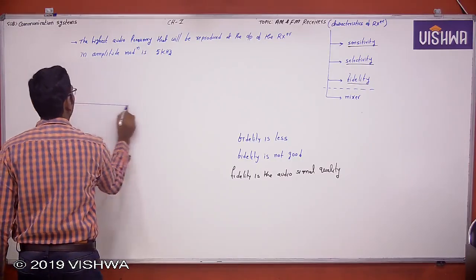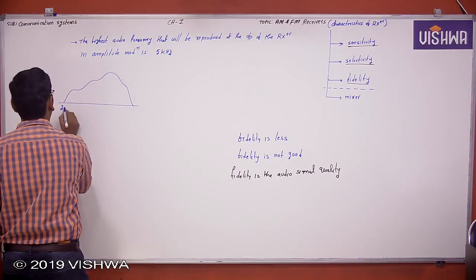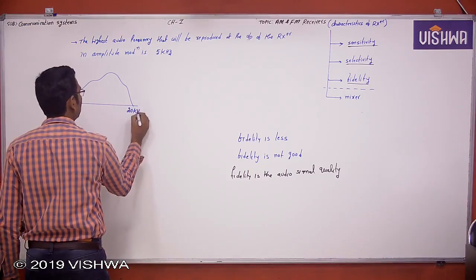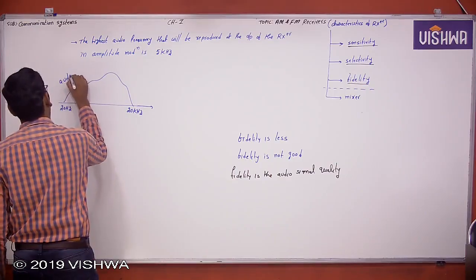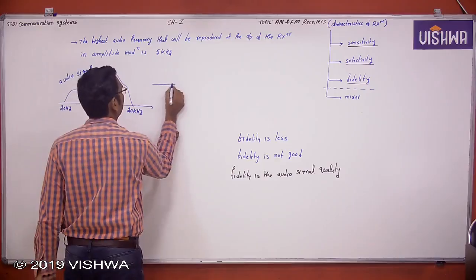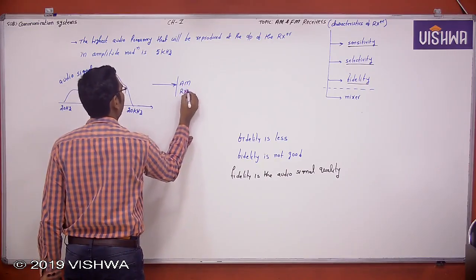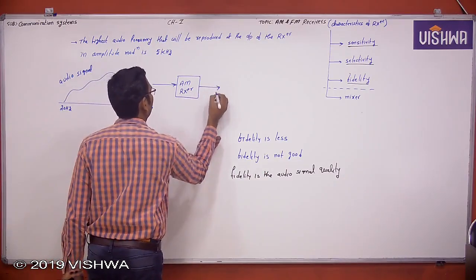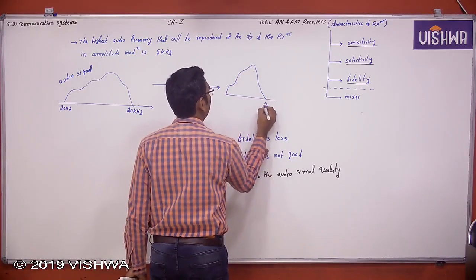In the audio signal spectrum, the audio signal is of 20 Hz to 20 kHz. Now this is the audio frequency range. Now this is the audio signal, but in amplitude modulation, in AM, the highest frequency is only 5 kHz.